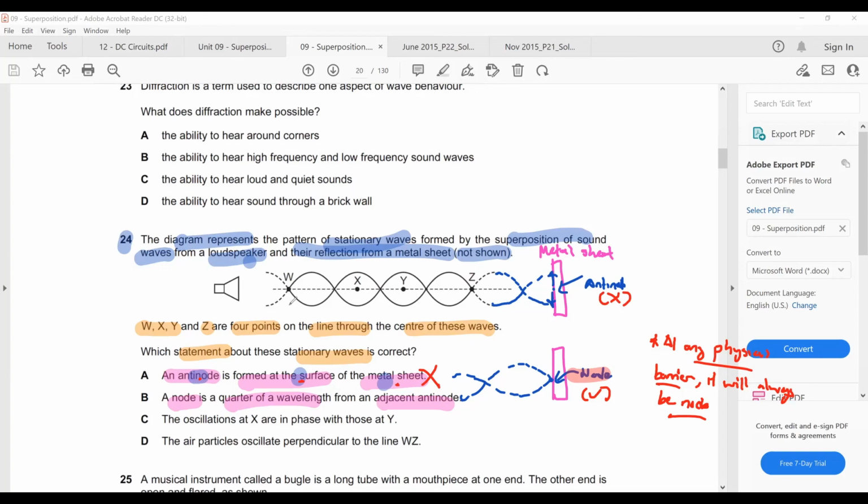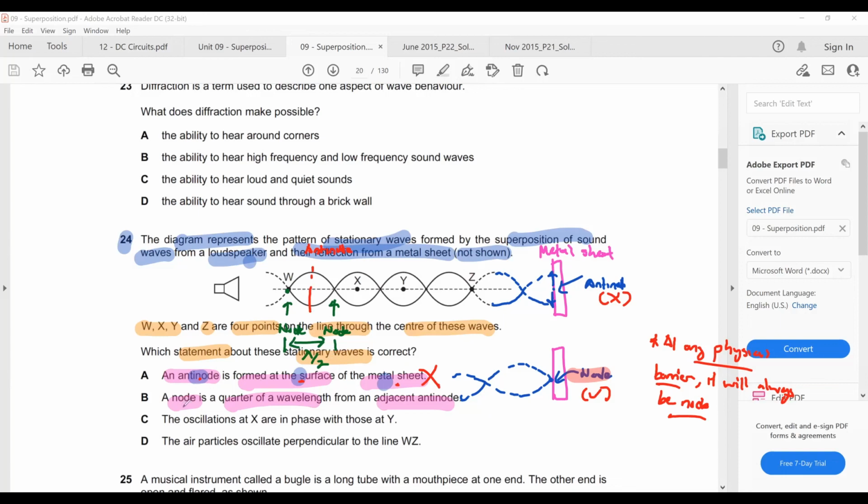If this one here is a node, and this one here is also a node, and the middle is your antinode, the distance between adjacent nodes, as I mentioned to you before, will be half a wavelength.